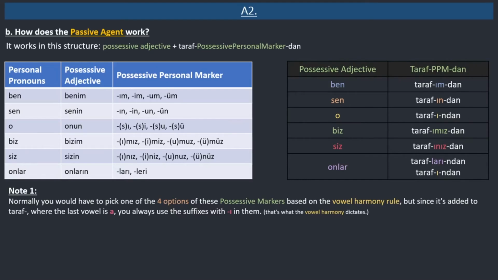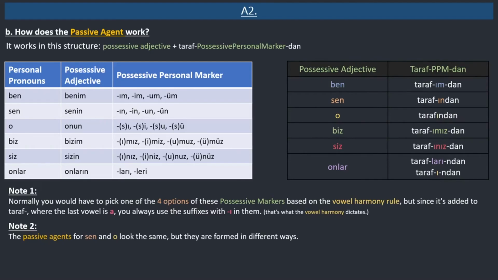And the other one, as you can see here, passive agent for sen or o, they can look the same. If I remove these dashes, tarafından.